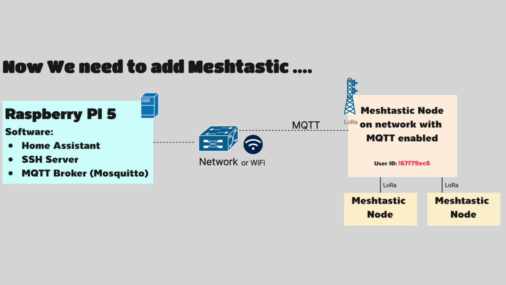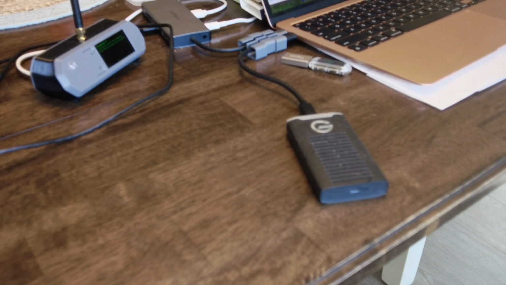So that guy is connected to my Linux hat Meshtastic, but I think you can connect Heltec. They all support Wi-Fi. If they support network, you can connect them to the network and designate that one as your MQTT server, as your MQTT gateway.